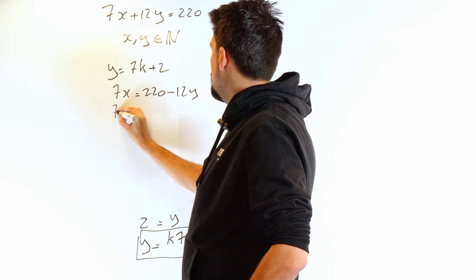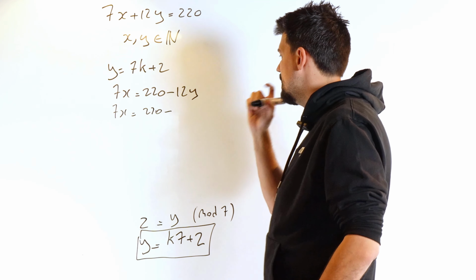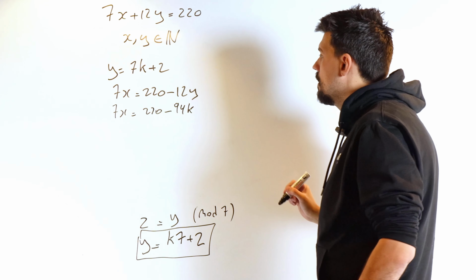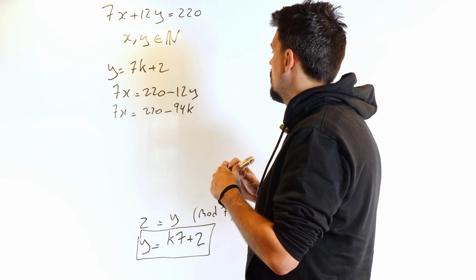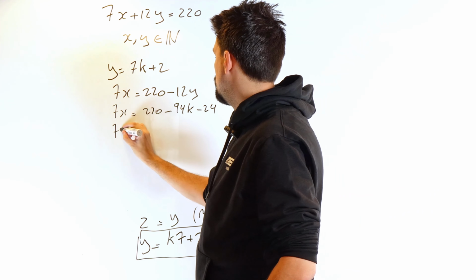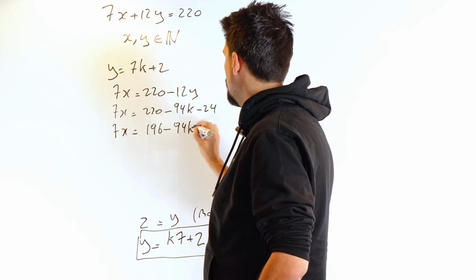Well, that tells me that 7x is 220 minus 12 times 7, which is 94k, minus 24. That's 196 minus 94k.